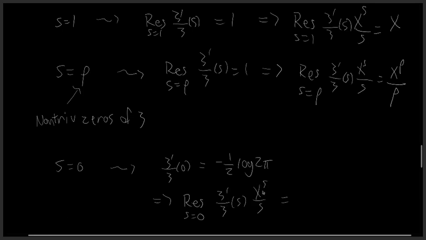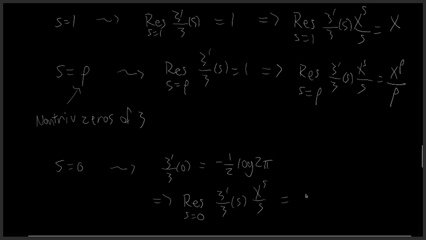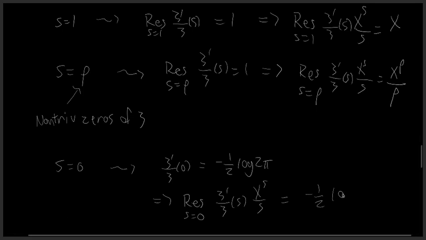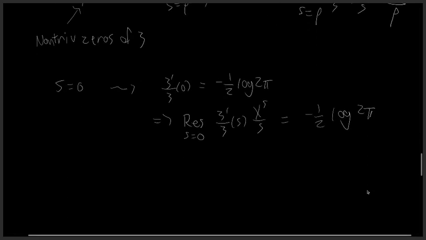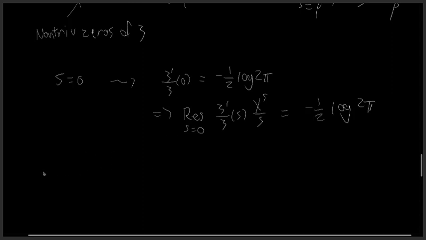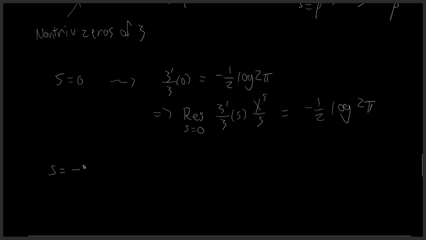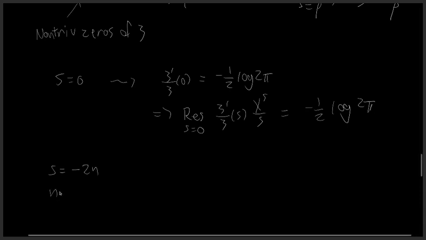Because we have an x to the 0 as the thing that's multiplying. So just minus 1/2 log 2 pi. And finally, we have s equals minus 2n, n equals 1, 2, dot, dot, dot, so the trivial zeros of the Riemann zeta function.